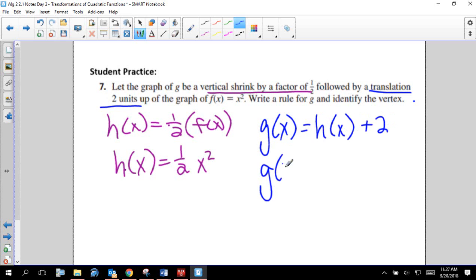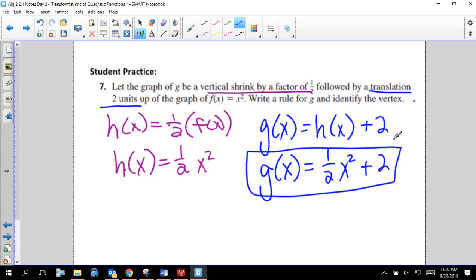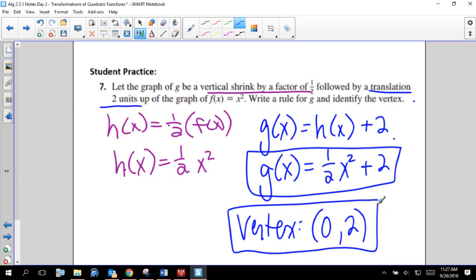So g of x is going to be my 1/2 x squared plus 2, and I look at that, and that's already simplified. So we have our equation, and then our vertex is our horizontal translation, which we didn't have any, comma, our vertical translation, 2. And yes, ordered pairs always get written in parentheses, or you miss a point per question that you do that. So, 1 minute.